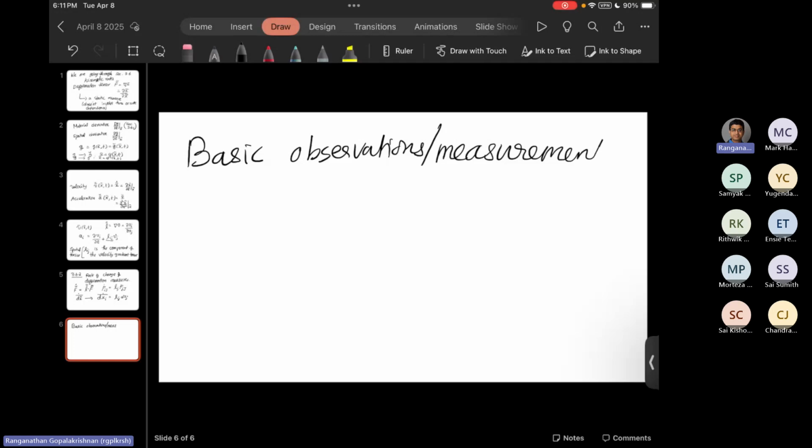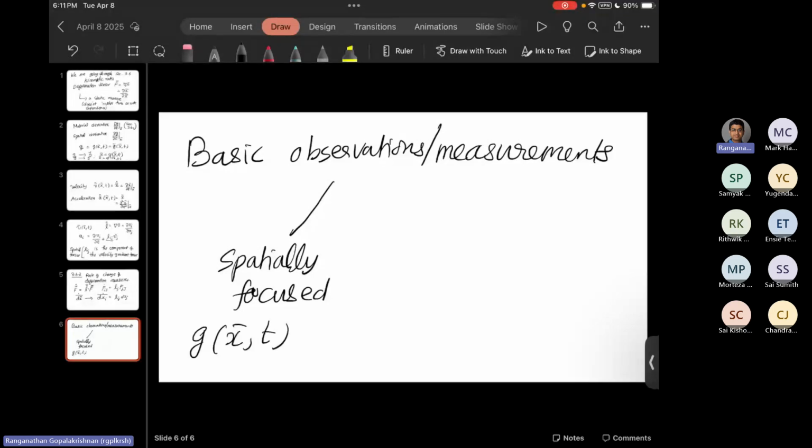Either you can do spatially focused, that is, you put a sensor at every point in space and record a quantity at that point at a given time or as a function of time. This is the example I keep giving: if you stick a hot wire anemometer or a velocity meter at a given point in a flow and just record the velocity at that point, that would be a spatially focused observation.